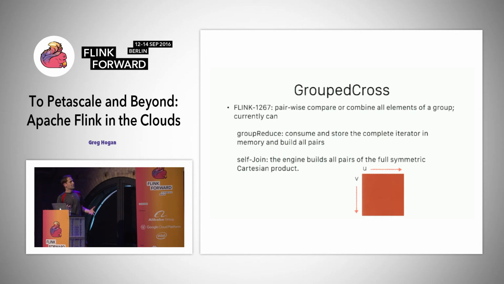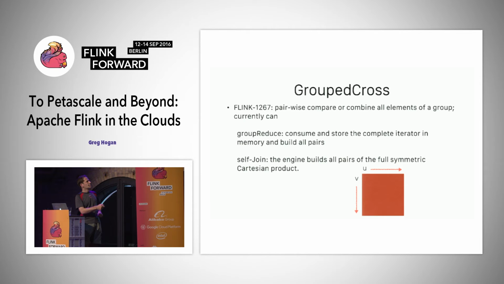So how would we perform a group cross? This has been talked about on the mailing list. It's actually a very old ticket that never got implemented, but I think we have some interesting ideas to make this very fast and to prevent data skew. This actually came from the ticket. This was Fabian's comment.